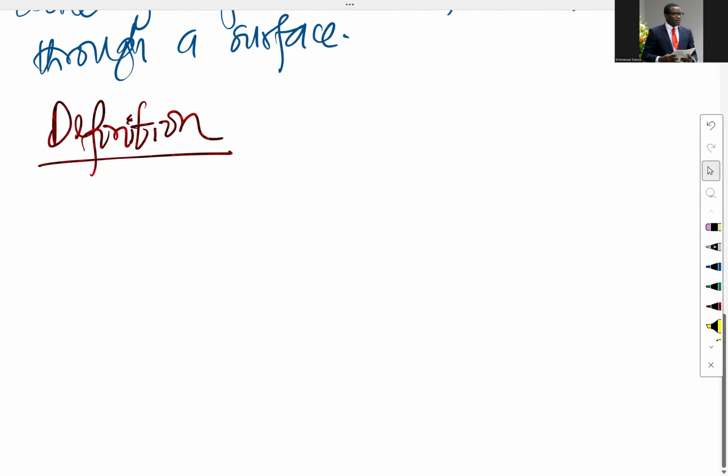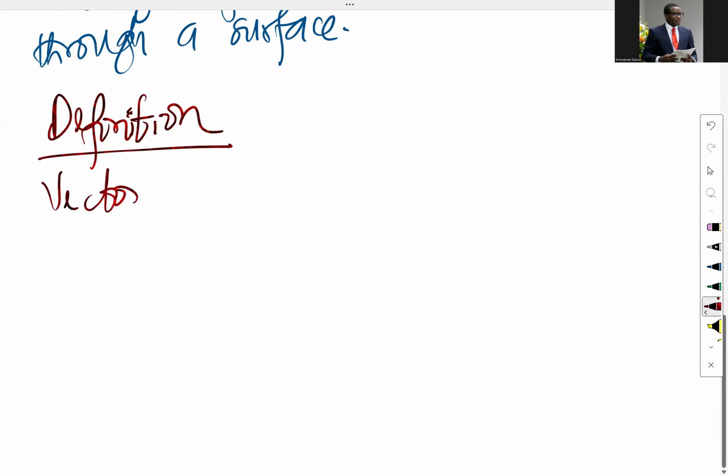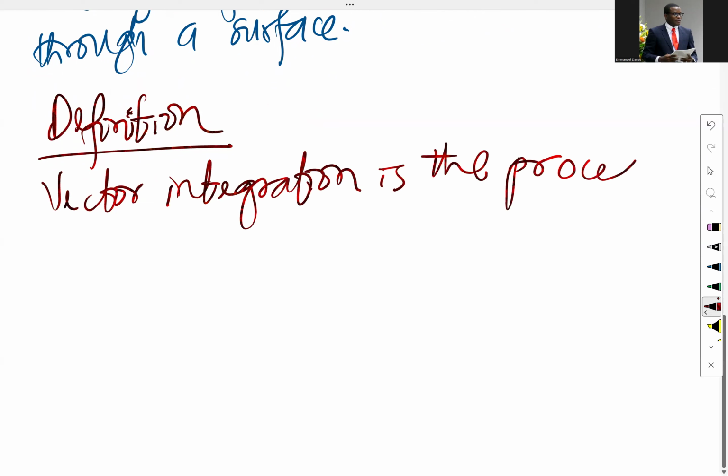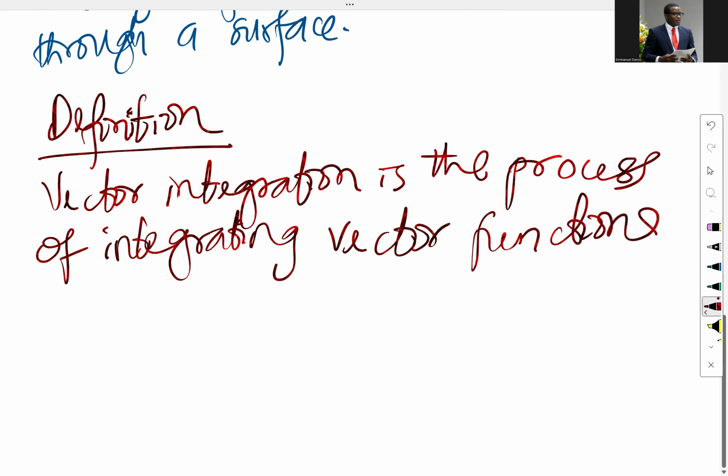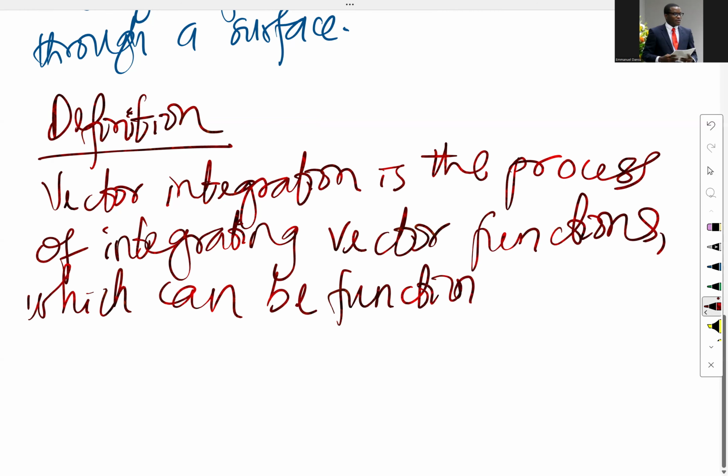So again, vector integration is the process of integrating vector functions, which can be functions of one or more variables.